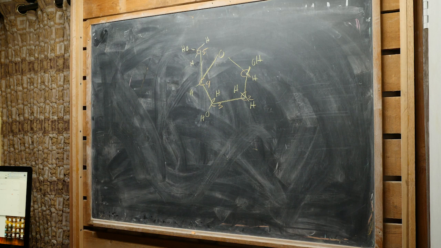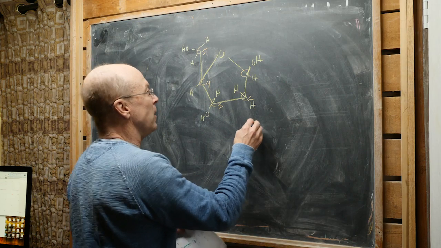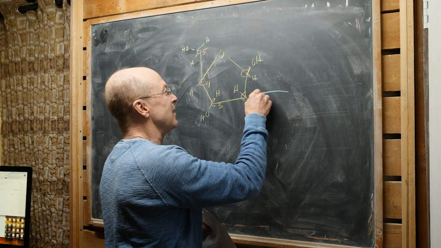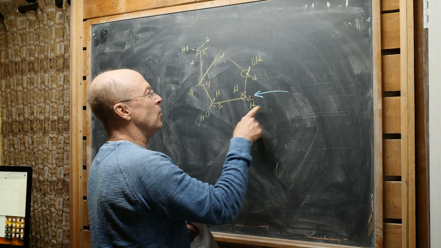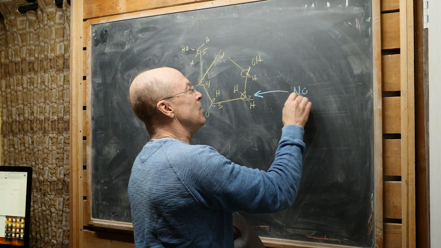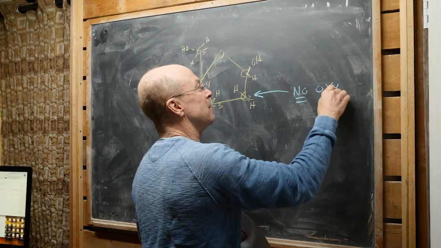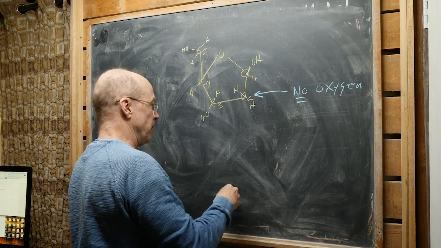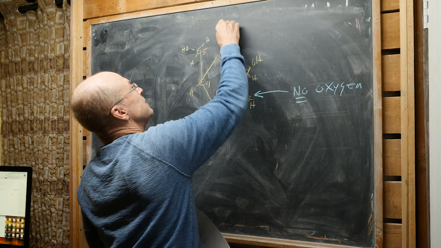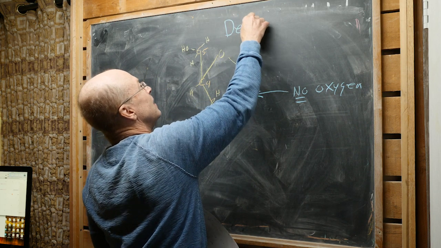We've seen it before. I want you to clearly look at this carbon, carbon number 2, and notice that it has no oxygen. So what we call this whole thing is deoxyribose.